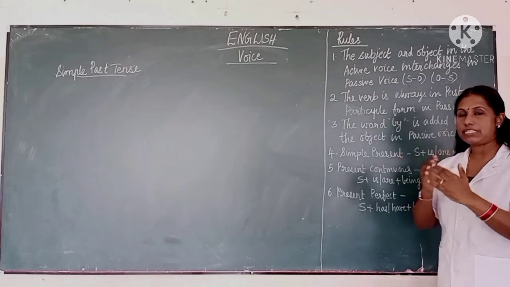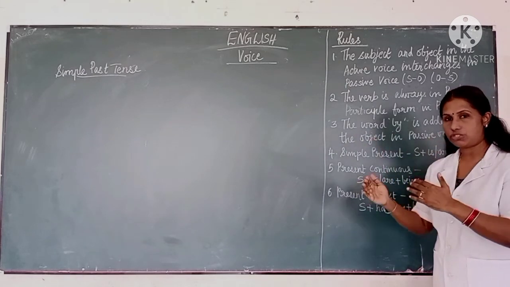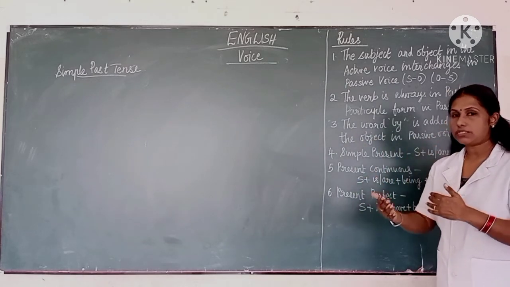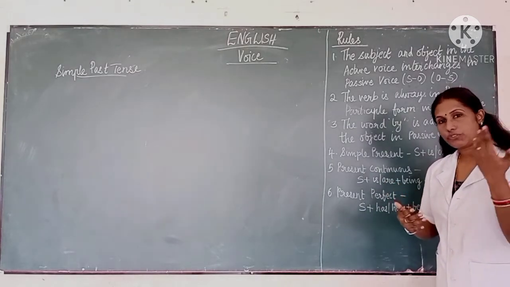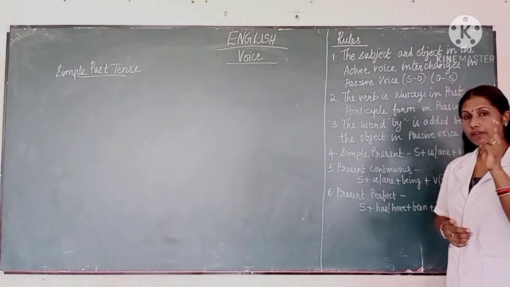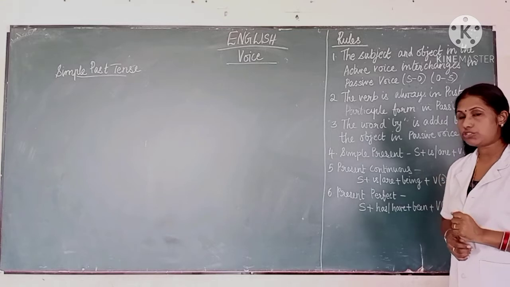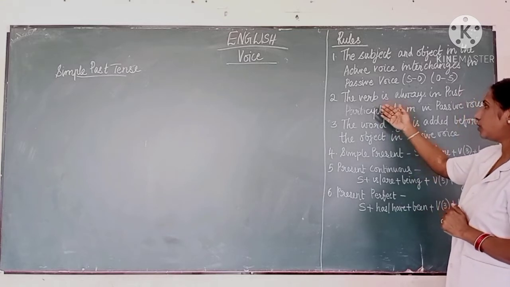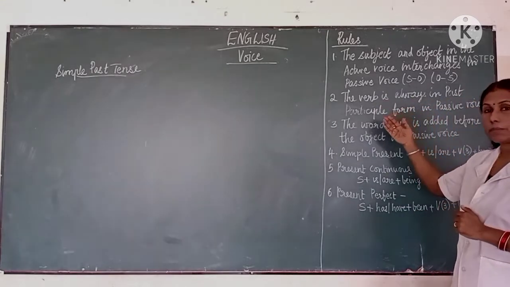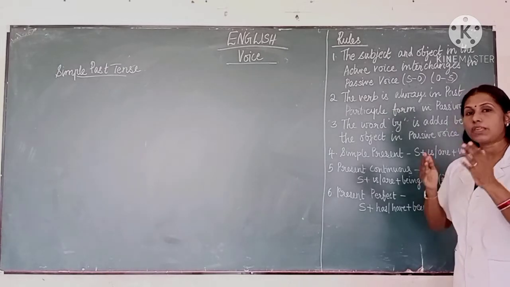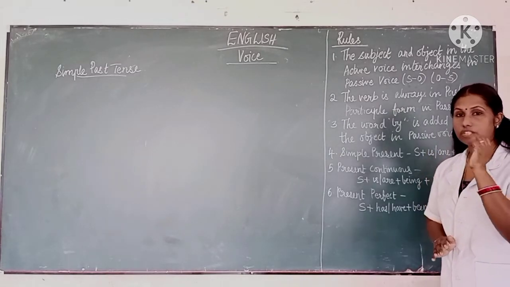So there is an interchange of subject and object when we are converting from the active voice to the passive voice. The second rule, and the most important rule, is that the verb is always in the past participle form in the passive voice, which is the third form.